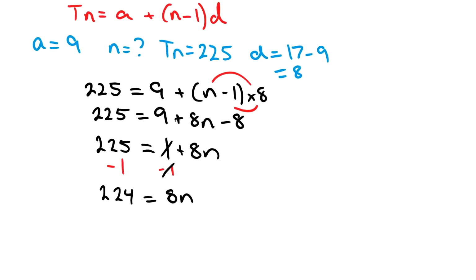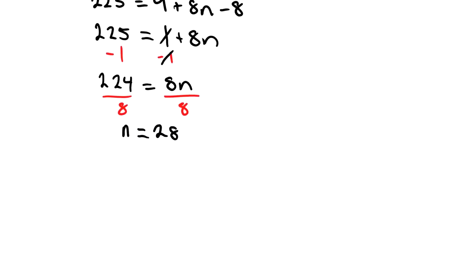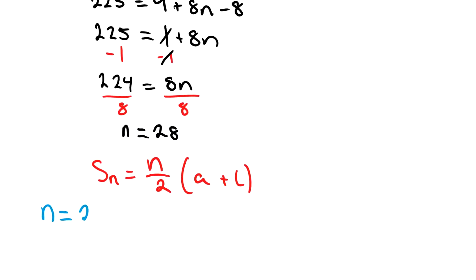And then we can divide by 8. Alright, now that we've found that, we can use our regular formula, which was Sn equals n over 2, a plus l. We now know that n is 28. We remember that a was 9, and our last term was 225.